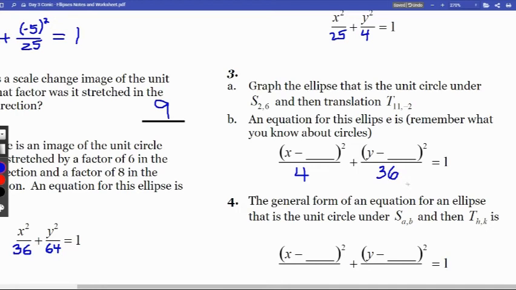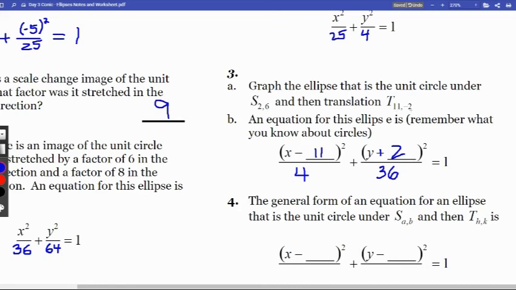And then as we saw with circles, if I want a horizontal translation of 11 units to the right, we'll put that in as the amount subtracted from the x term. And then a vertical translation by -2, or moving down 2 units, I'm going to make this y plus 2, which is the same as y minus -2. This would be the equation for an ellipse that is stretched horizontally by a factor of 2, vertically by a factor of 6, and then moved to the right by 11 and down 2.